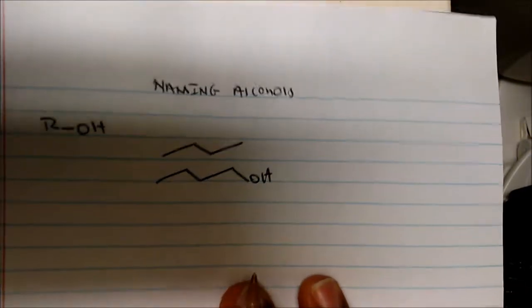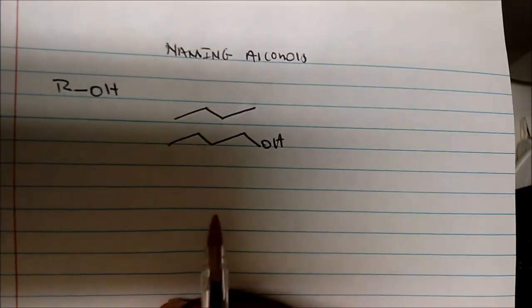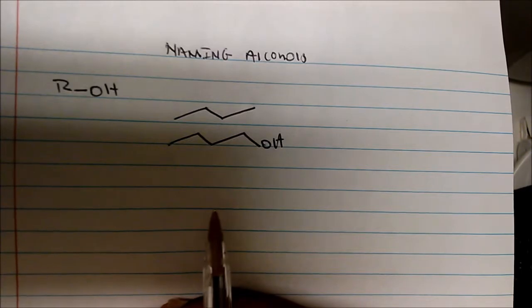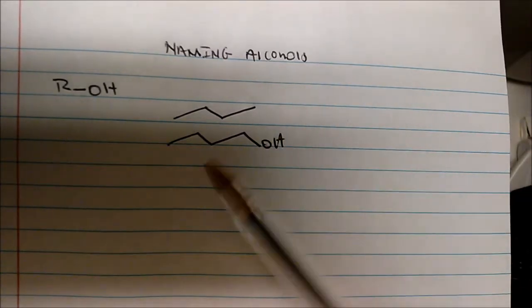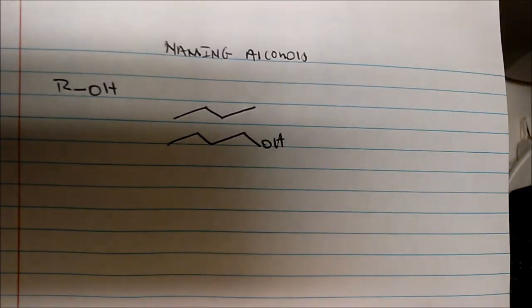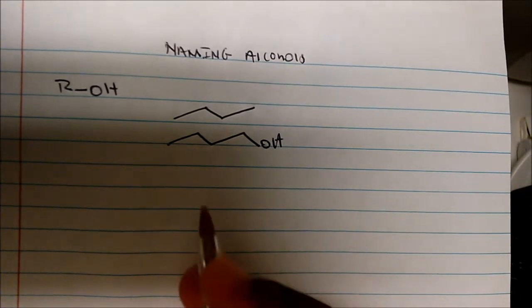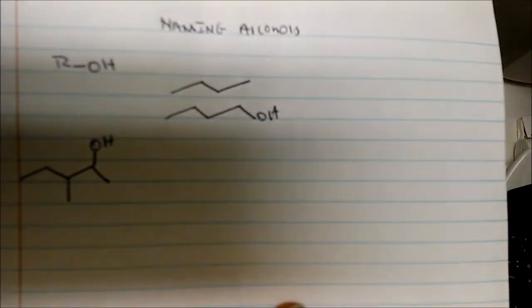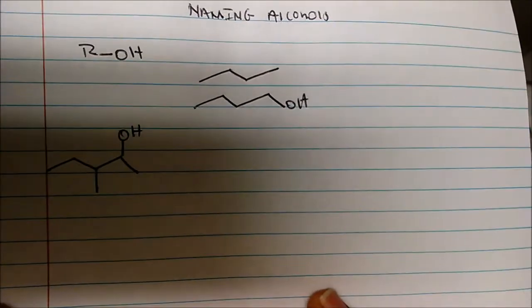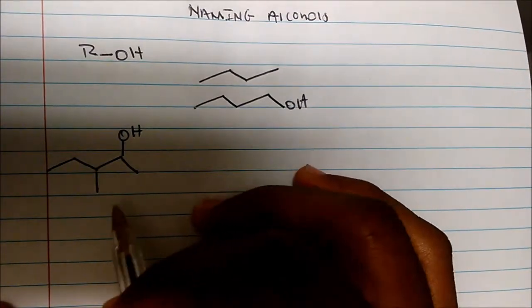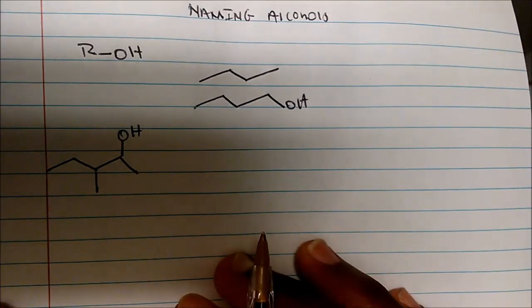So when it comes to naming these compounds, we change the parent, ending in E, to ending in OL, right? But also we got to give the location of the alcohol. So let's look at this molecule. Right, so we have a molecule like this. So how would we name this molecule? Well, again, you want to give the alcohol the lowest number.